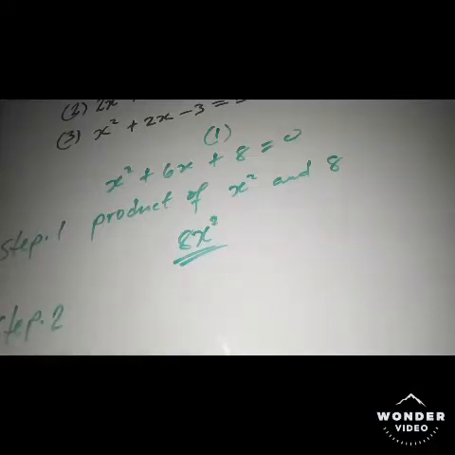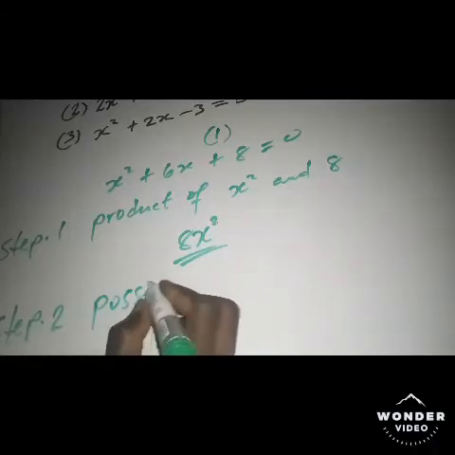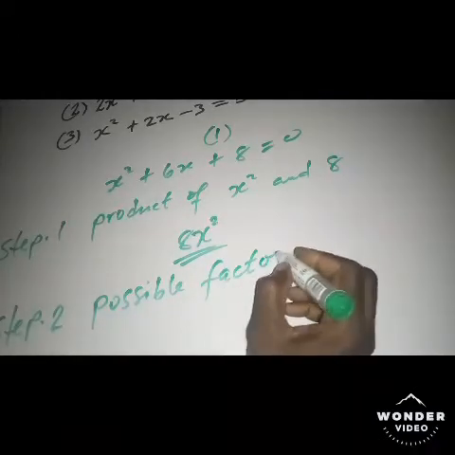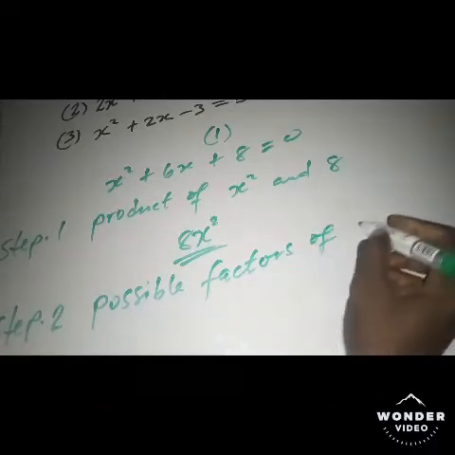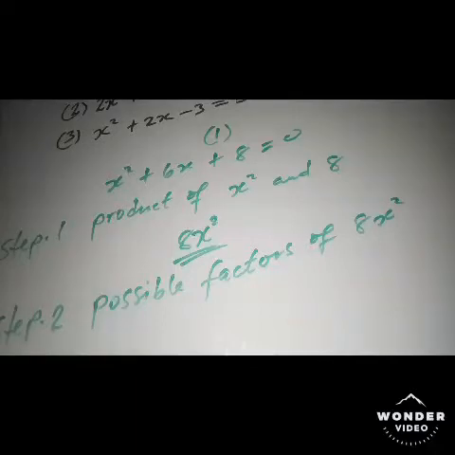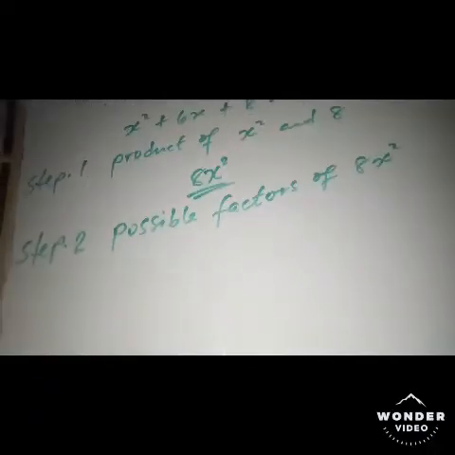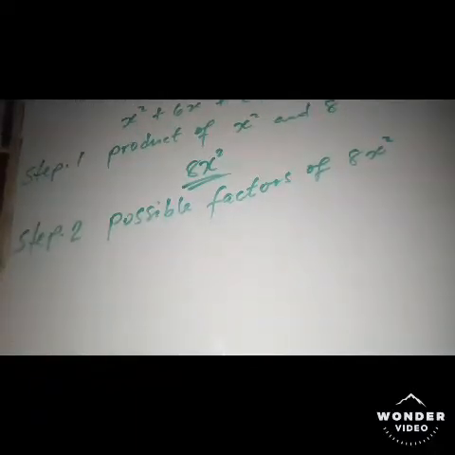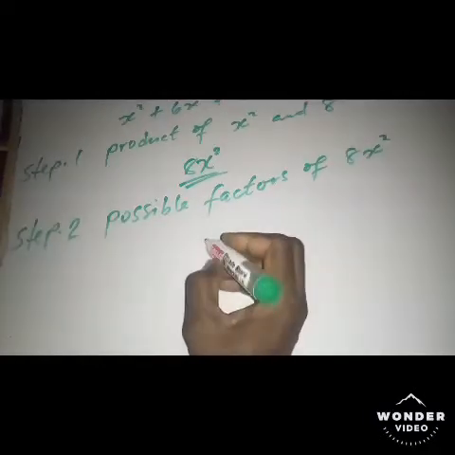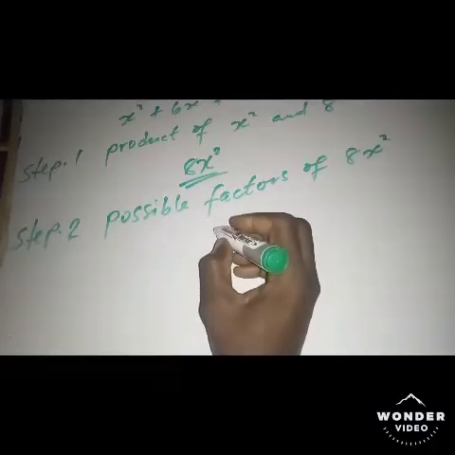Step number 2. We find all the possible factors of 8x squared. How do we do that? We first find the combinations.